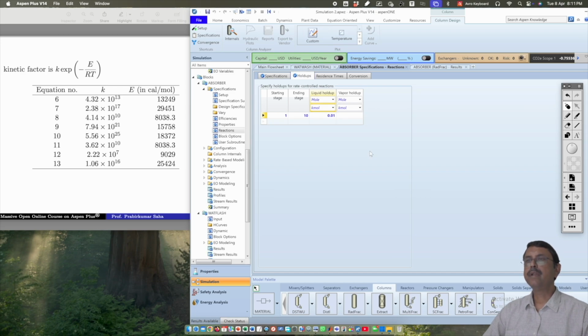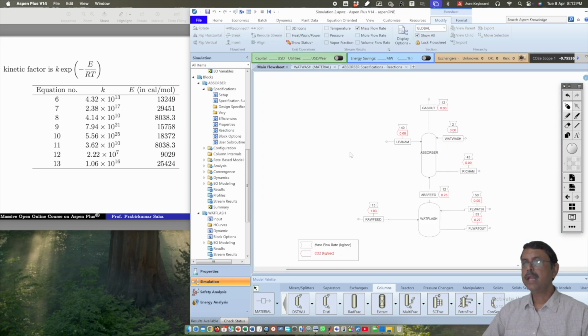Yeah, now it is okay. Okay, with 0.001 it was having some issues, but with 0.01 hold up it converges. Anyway, we do not have to bother about it right now.